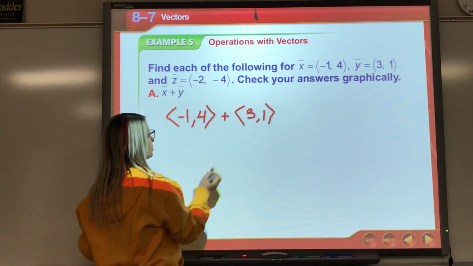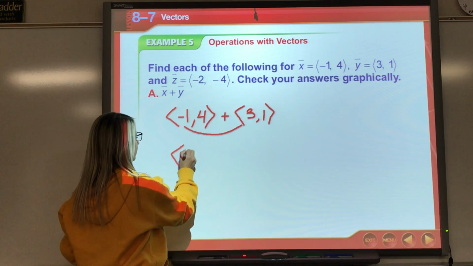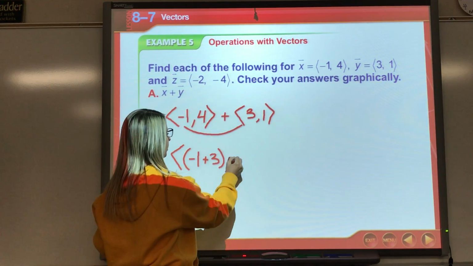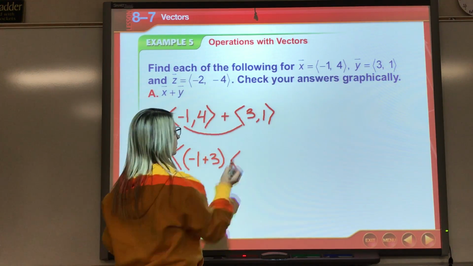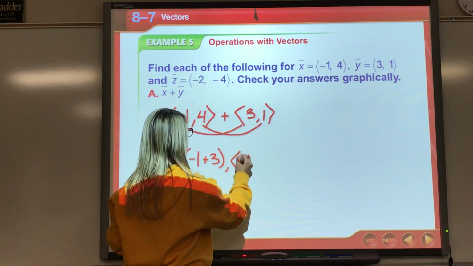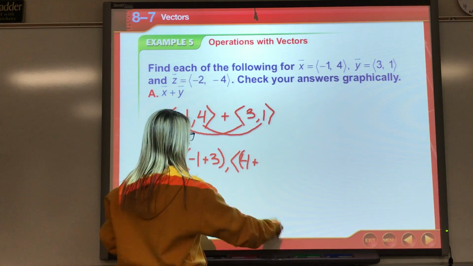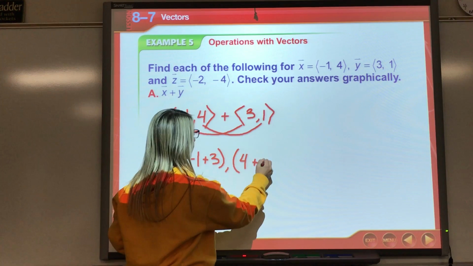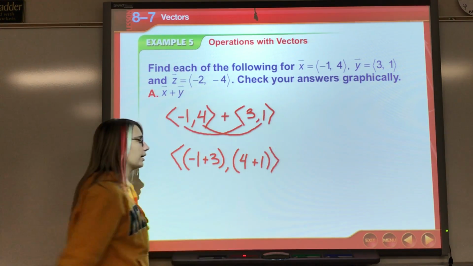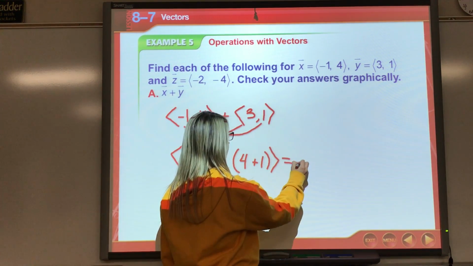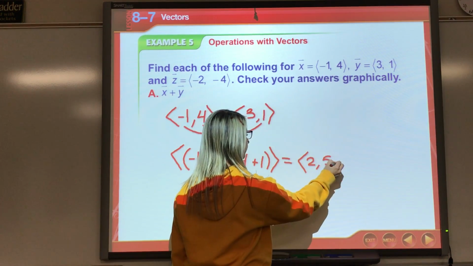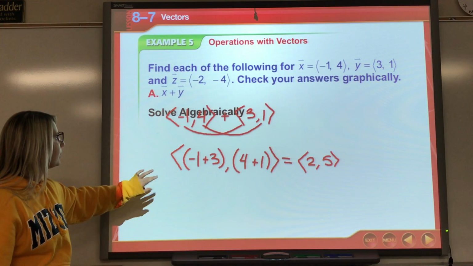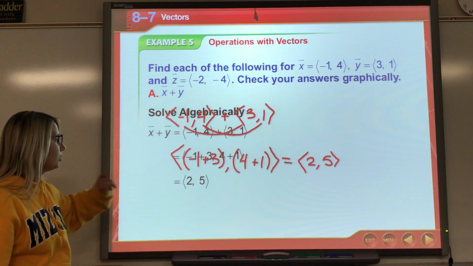I'm going to add these two first, so negative 1 plus 3, comma, these two next, 4 plus 1. Solving those out, we get 2, 5. So vector x plus vector y results in 2, 5, which is what they got.